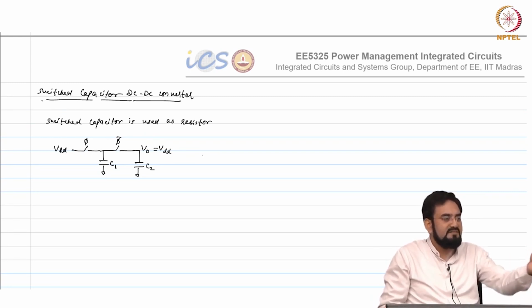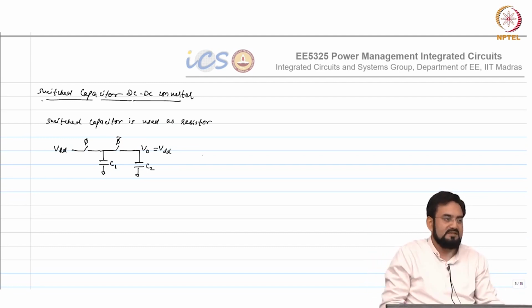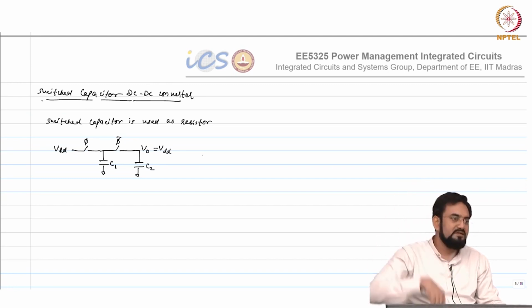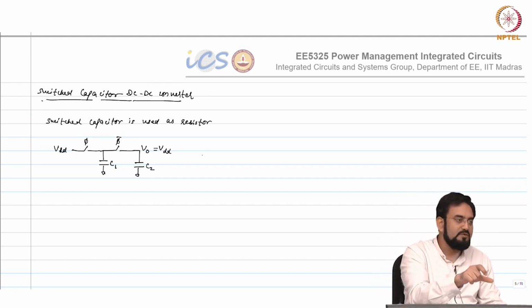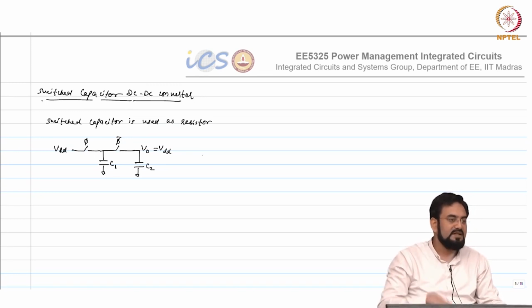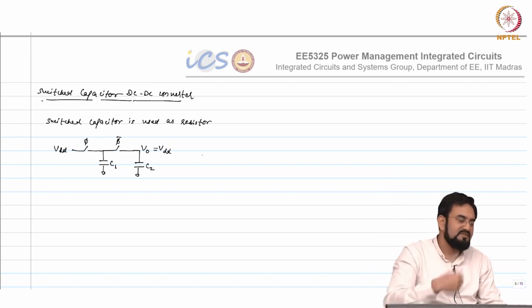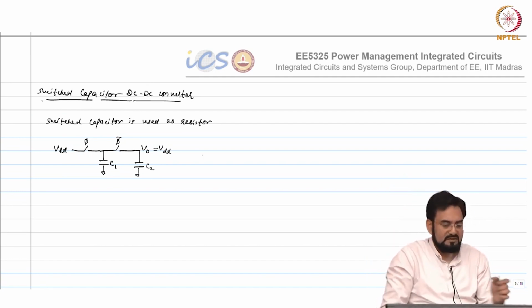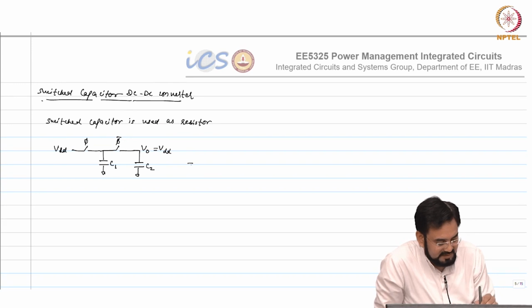You do your charge sharing every cycle, and you will see your output will keep increasing, even though the step will get smaller. The first time, let us say Vout is 0, the jump will be large. Then after that it is smaller because of the charge sharing.